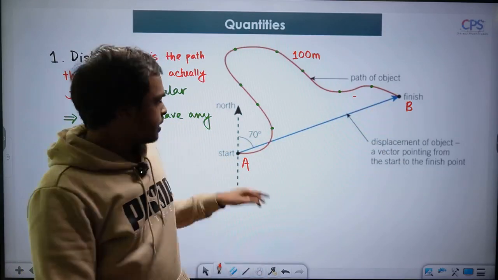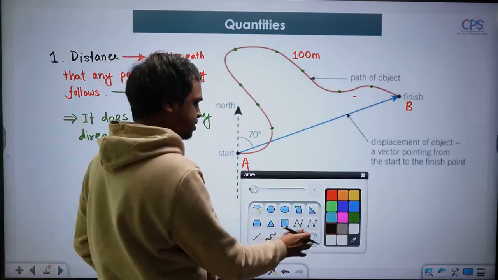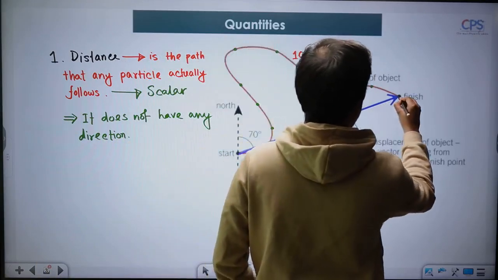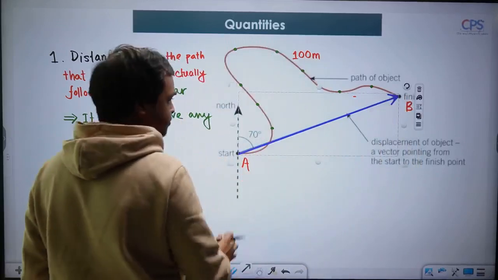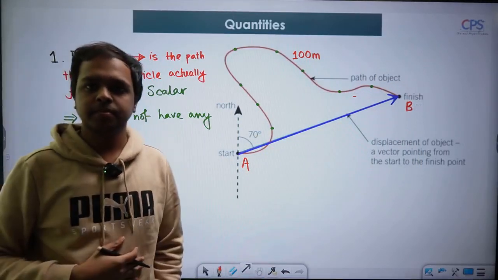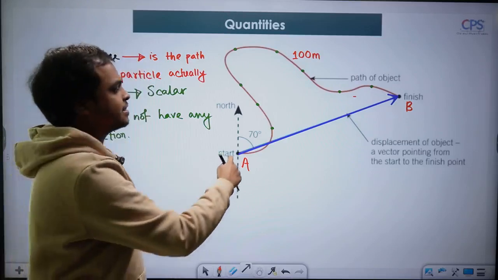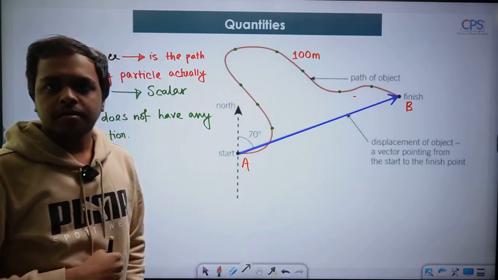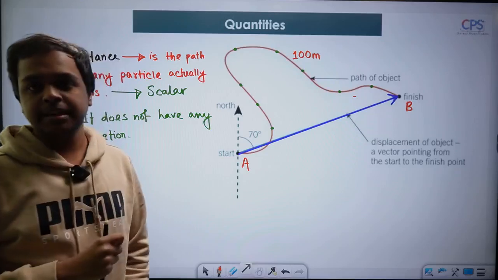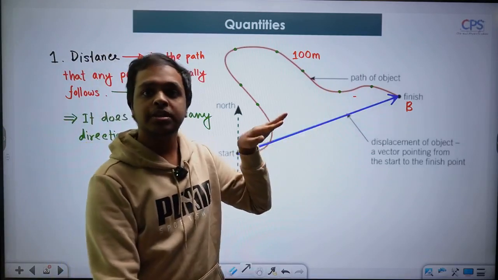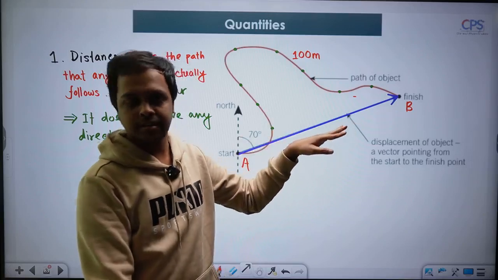See, this line that joins the starting position to the finishing position is called displacement. So let's say a car is going 100 meters here, but the displacement is a measurement from the start to the very end with a straight line.